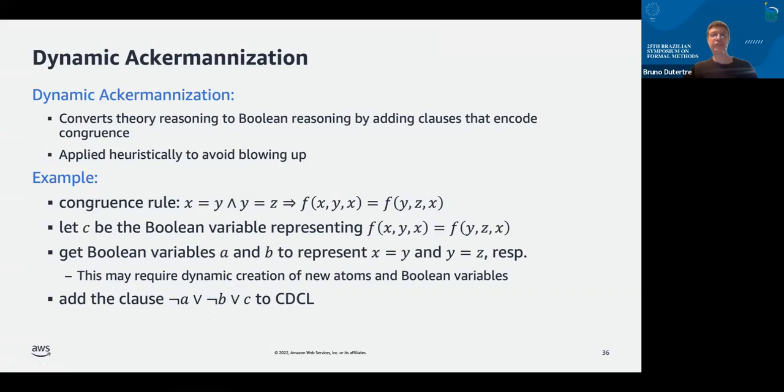Again, that leads to some complication because now we are dynamically creating new terms and new variables in the SAT solver, and also dynamically adding new clauses. So you have to do all sorts of bookkeeping and implementation tricks to maintain your data structures in a good state.